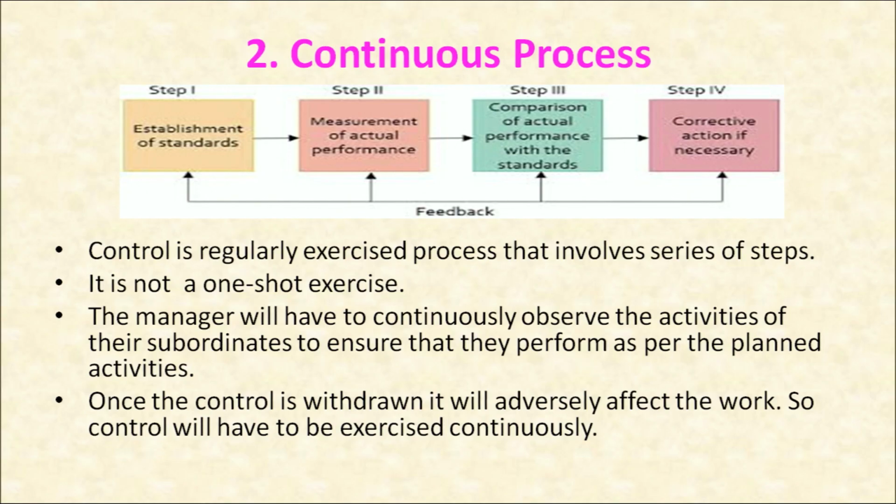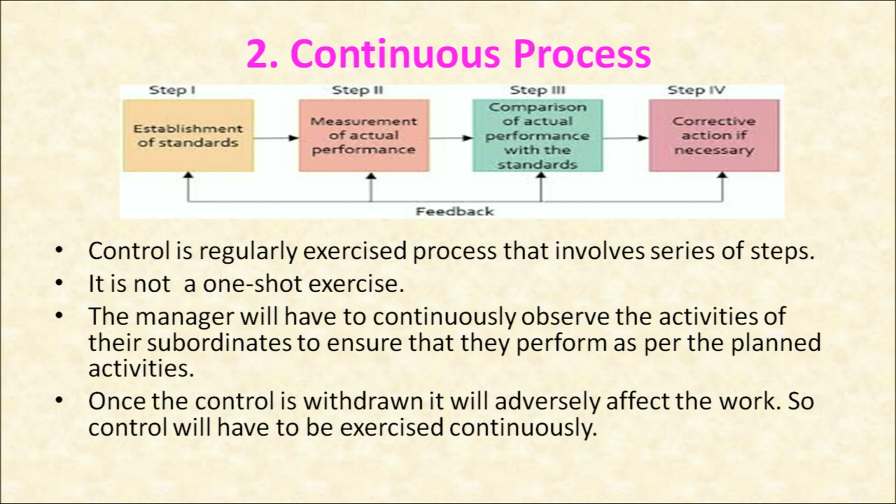Next is that it's a continuous process. So it is not a one-shot exercise. Controlling does not mean that it is a one-step exercise, but in fact it is a process which considers a series of steps. That means control is to be followed as a particular series of the steps that have been laid down.